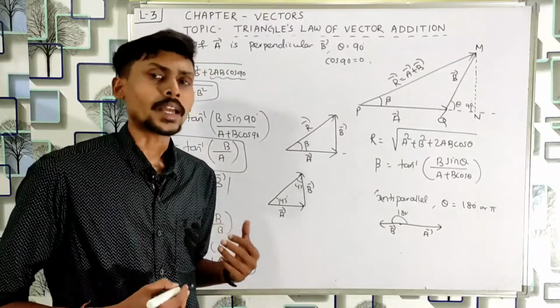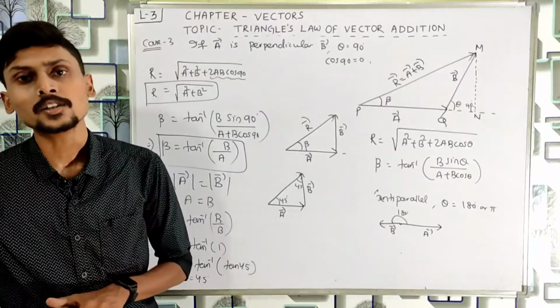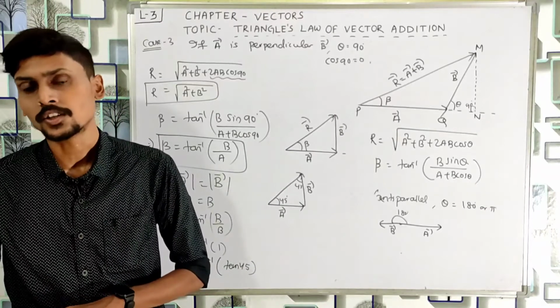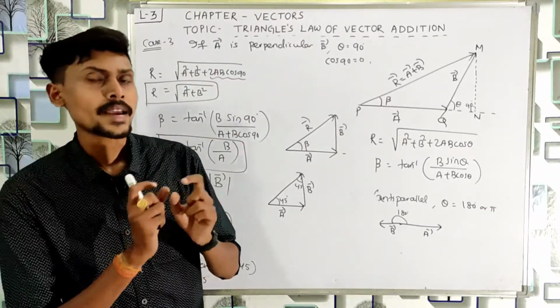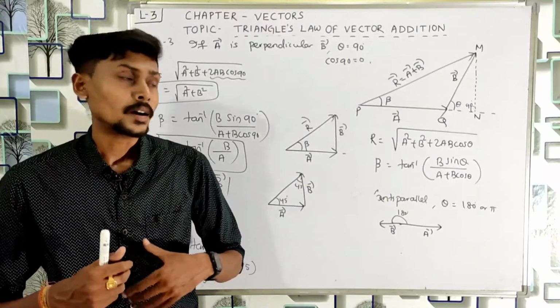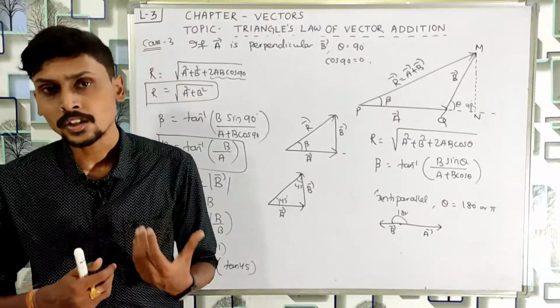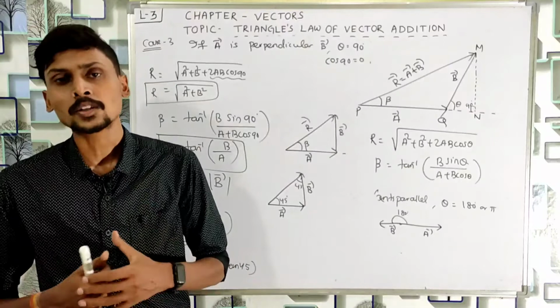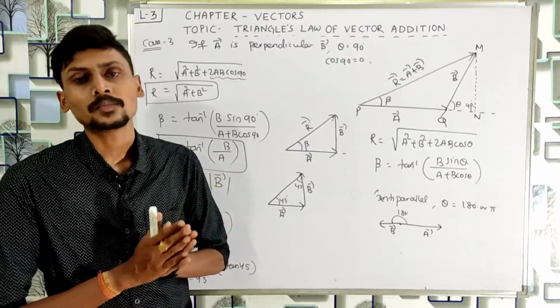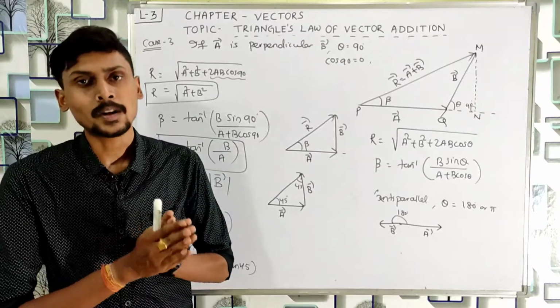So we saw that when we are adding two vectors, we must take the angle between them into consideration. When we change the angle theta between the same two vectors, the magnitude of resultant changes. When they are parallel, the magnitude is a plus b.